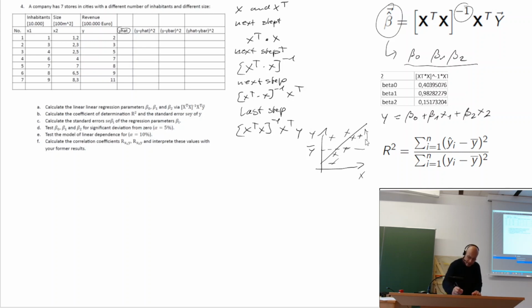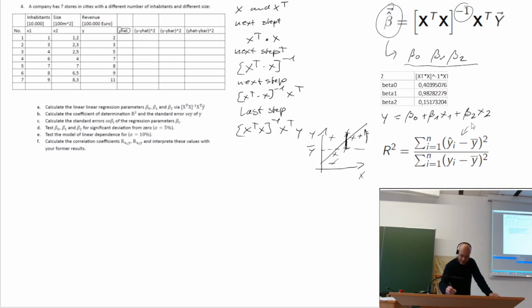And then we say this movement explains something of the variance, because with respect to the average we have this large variance, and now we have a little bit smaller variance. And of course we have to do this with all data points.